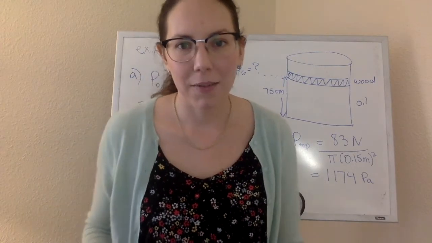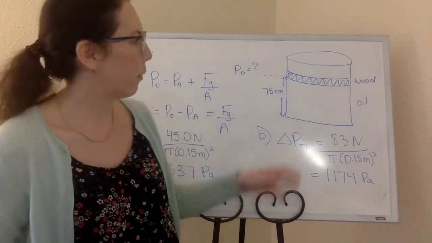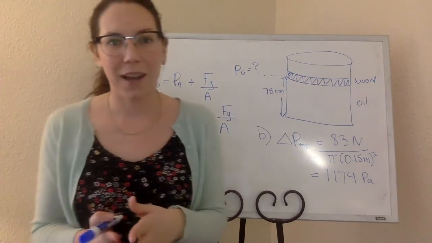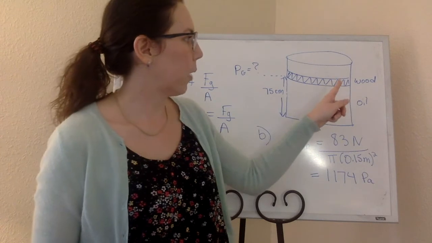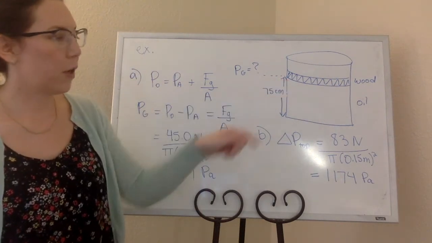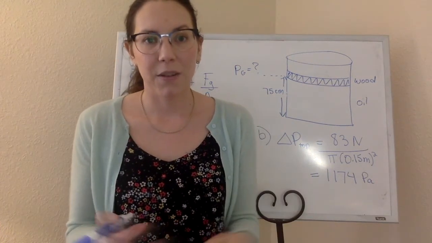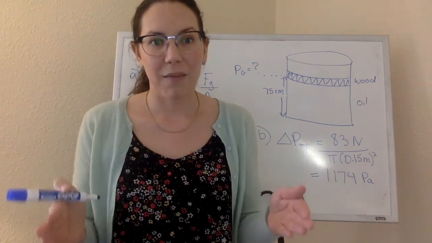Okay, so let's have a look at the whiteboard here. I've drawn out what this looks like. So we've got this column here, oil below to a depth of 75 centimeters, and then a wood mass on top of the oil. First, we just want the gauge pressure here at the top of the oil below the wood. So the pressure there is due to atmospheric pressure from the atmosphere and then the weight of that wood.